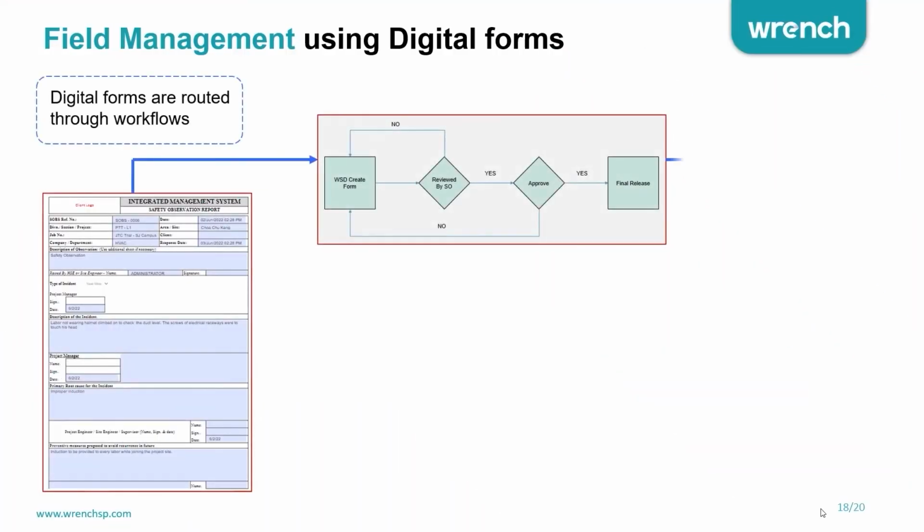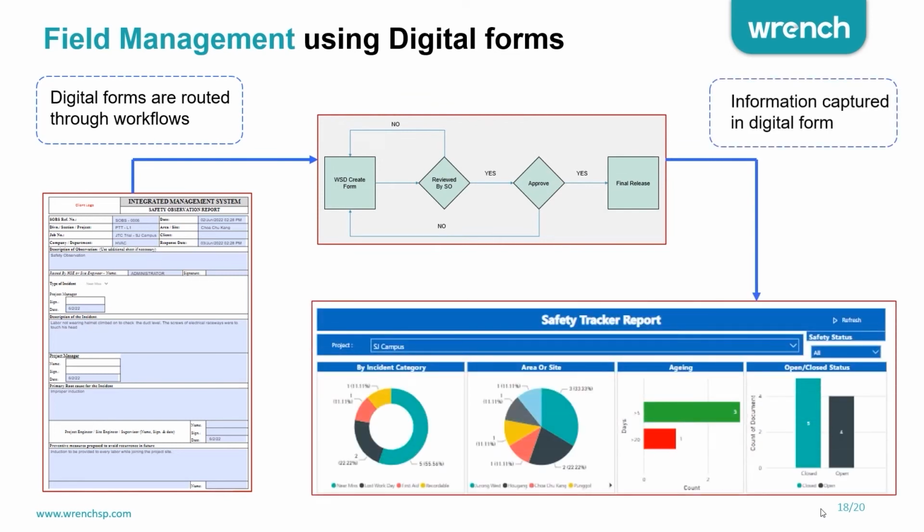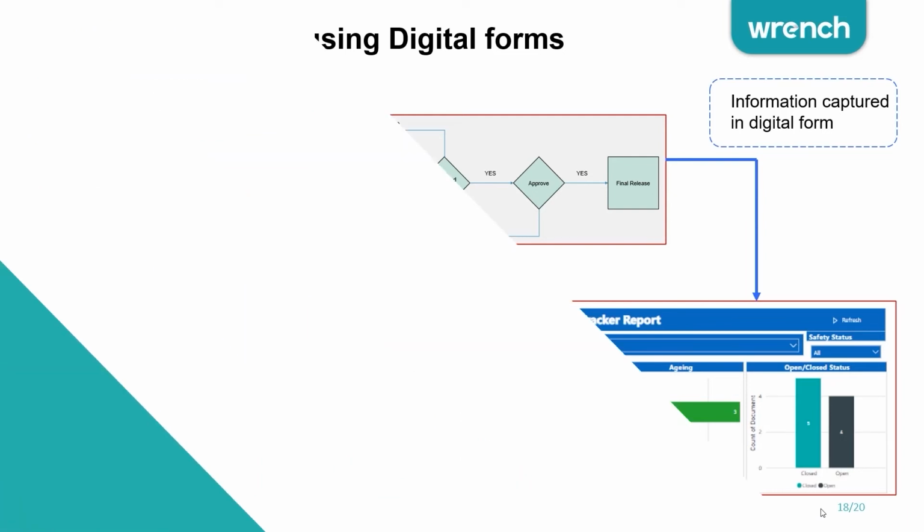Now, coming to safety and quality and risk, these can be captured through a digital form, which can be the exact paper-based forms that you use for various information capture. And the fields inside those forms can be from the database, or people can physically enter the data or choose from a list of values, and it can immediately be sent through a workflow. When a certain record is approved through the workflow, you can produce your dashboards.